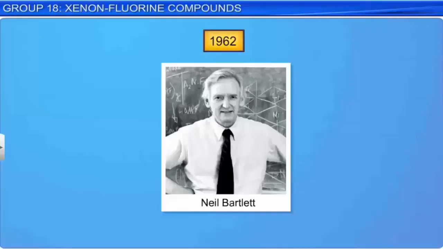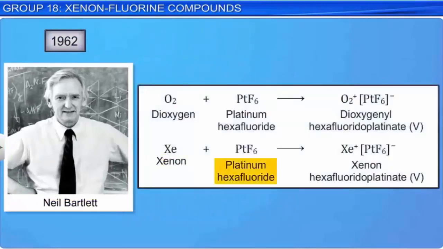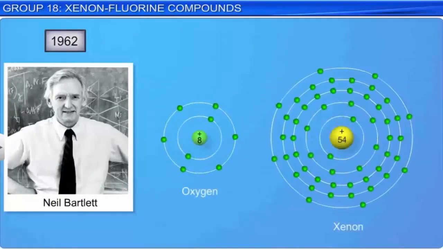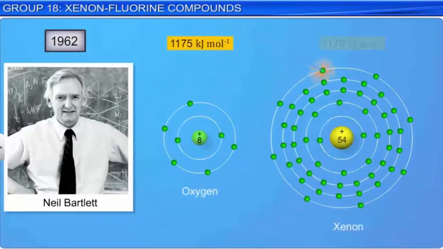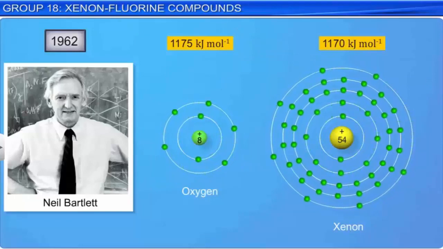You know that in 1962, Neil Bartlett predicted that xenon should react with platinum hexafluoride just as dioxygen, because the first ionization energies of both oxygen and xenon are nearly the same. His efforts were successful.